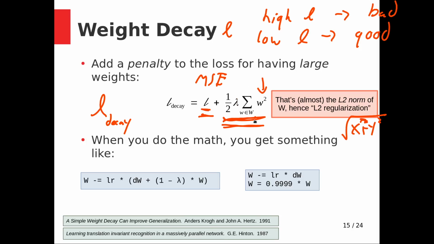But close enough. So when you do the math, you essentially get this, right? The new chain rule-derived rule is learning rate times our old weight update, plus 1 minus lambda times w. So it's our old weight update plus a thing that just slightly shrinks the weights, right? Just slightly pushes them towards zero and doesn't depend on the input or any other complex term.